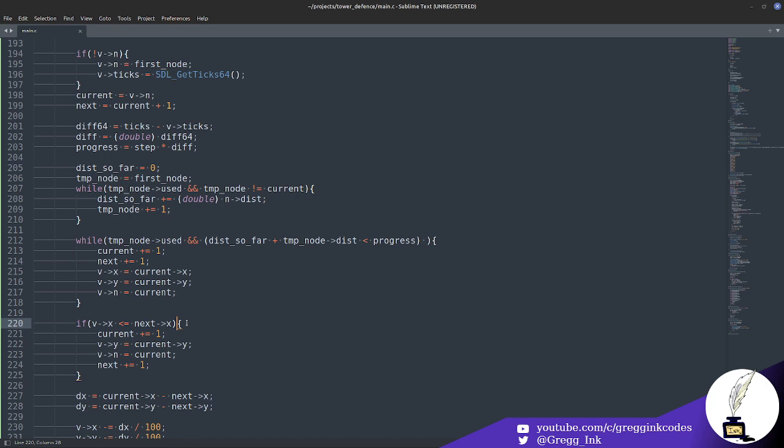Now it should be on the correct node. Okay, well, TMP node news, and this current +1, next +1. Okay.